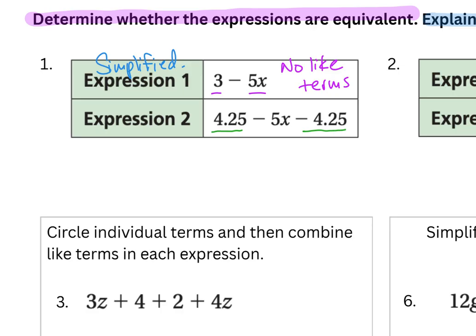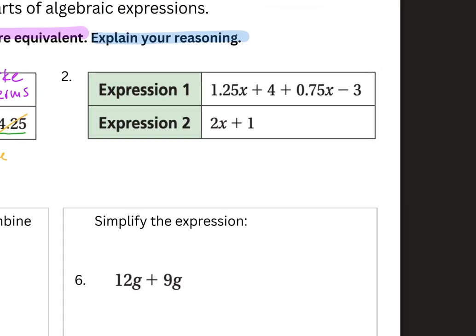In fact, they're opposites of each other, like 4.25 minus 4.25 would cancel each other out, leaving us with just negative 5x. So no, these are not equivalent because expression number one is not the same as expression number two.